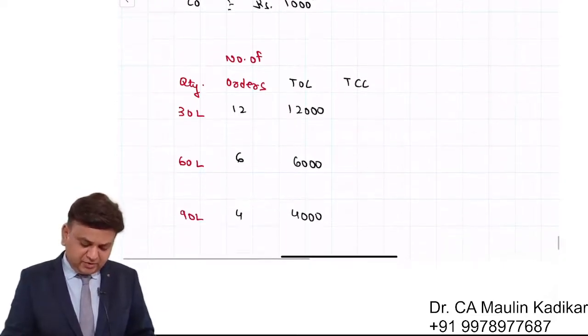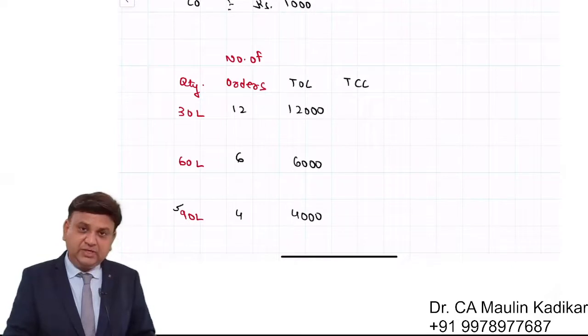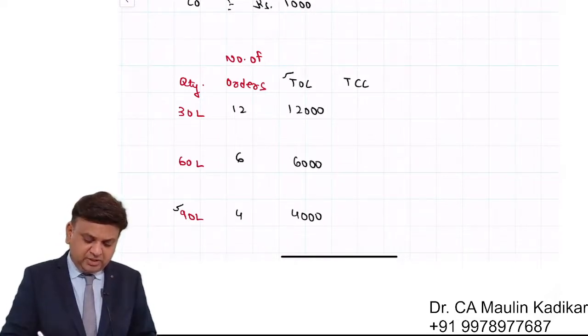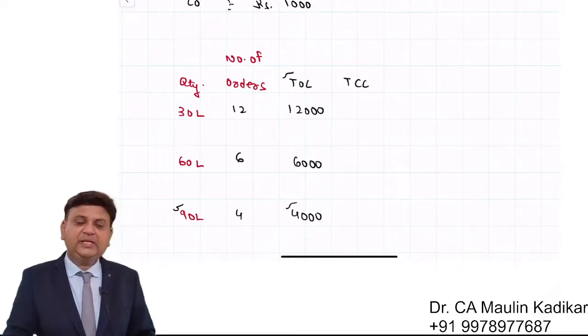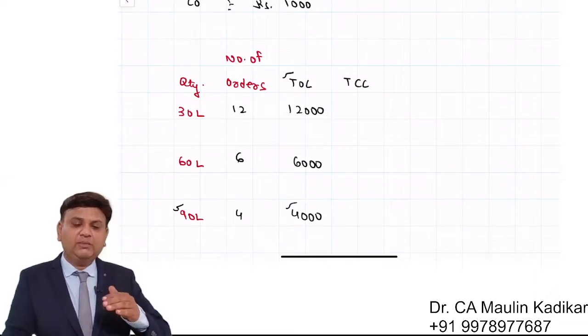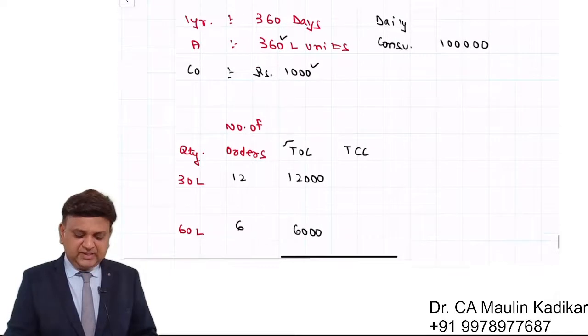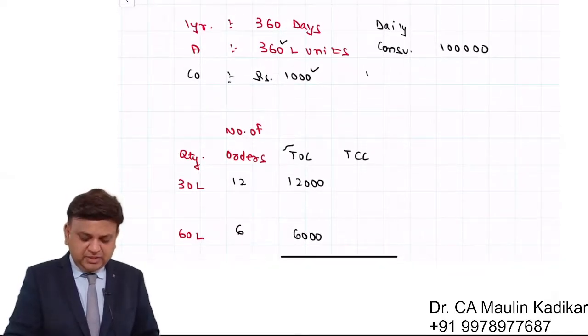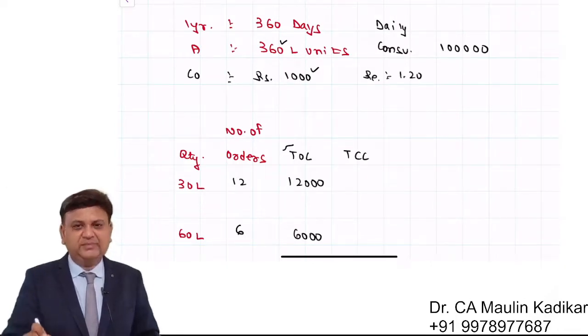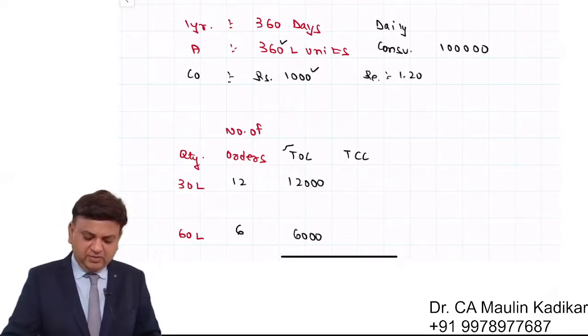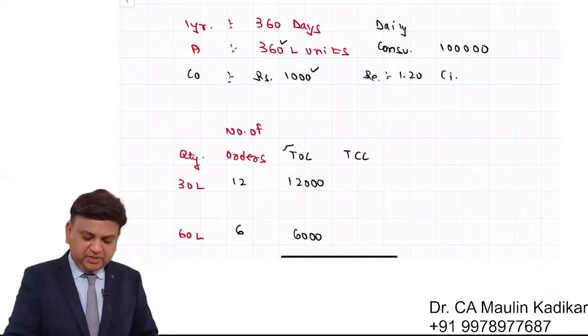You can see that if we place an order for more units, the total ordering cost is falling down, but more funds will remain blocked in the business. Just taking assumed values, suppose the carrying cost of one unit is 1 rupee 20 paise. Carrying cost per annum per unit is 1 rupee 20 paise.